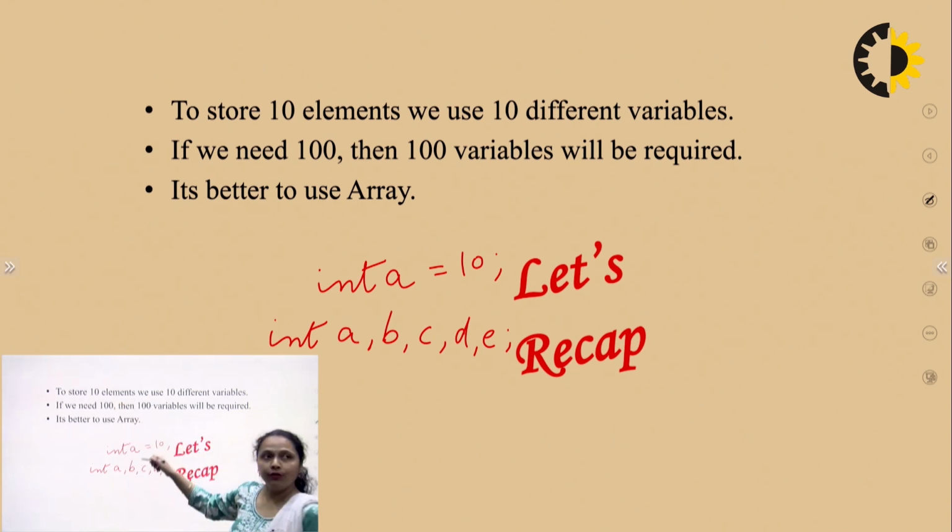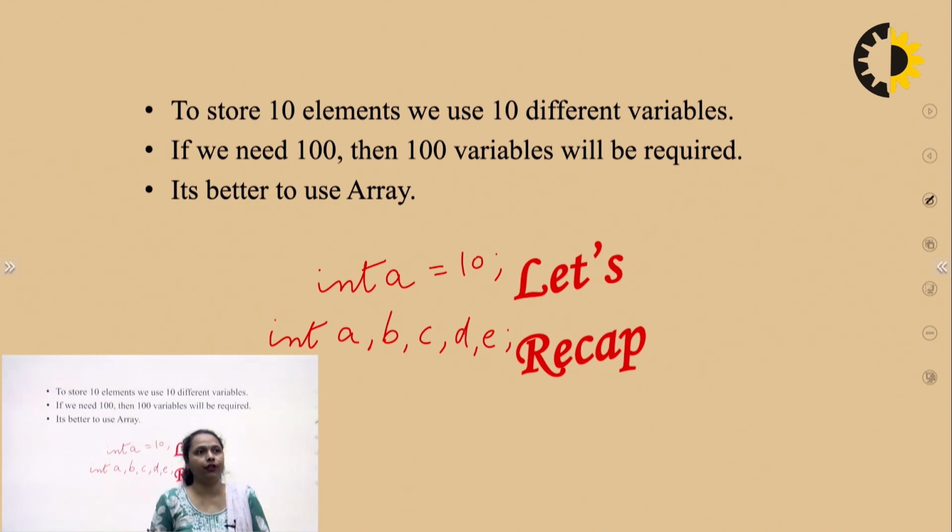To store 10 different elements we require 10 different variables, for 100 we require 100. So it is better to use a concept by which I can reduce this large number of names. Although I cannot reduce the data because I have to work on a large data set, that is 10, 100, 200, 5,000, 10,000.